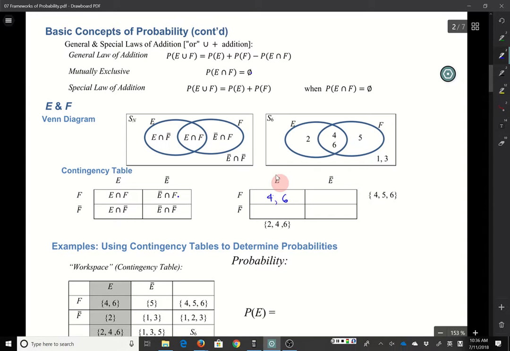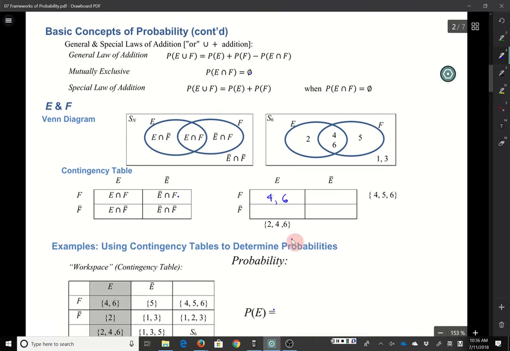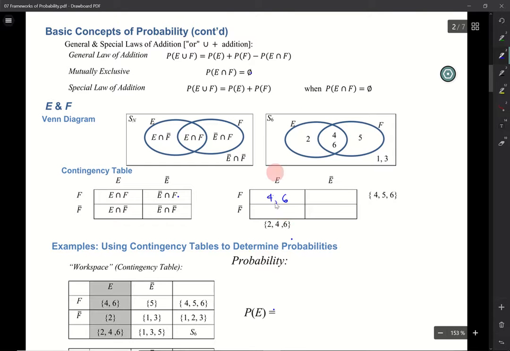And then to finish up E, we have the 2. Okay, and so what that's saying is, this cell or this part of the table is E and not F. So that's an E and it's not an F.